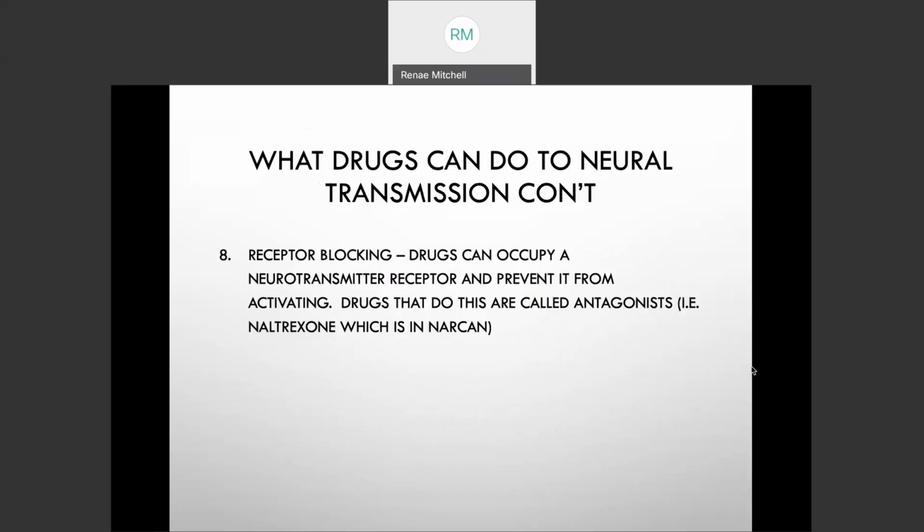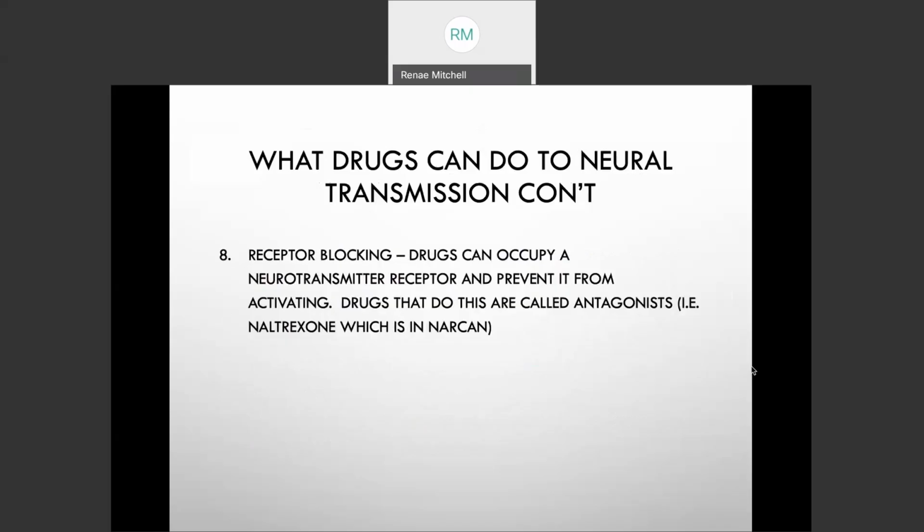Or it could block a receptor site. It can occupy a neurotransmitter receptor, bind with that receptor, and prevent it from activating at all. And so this would be an antagonist. An example of that is naltrexone, which is in Narcan.